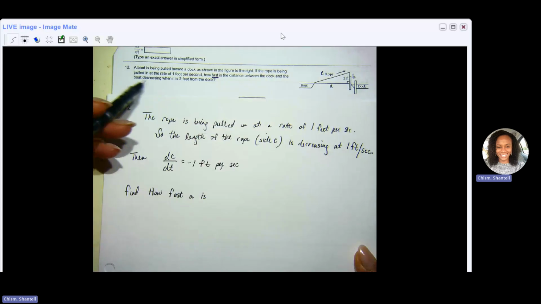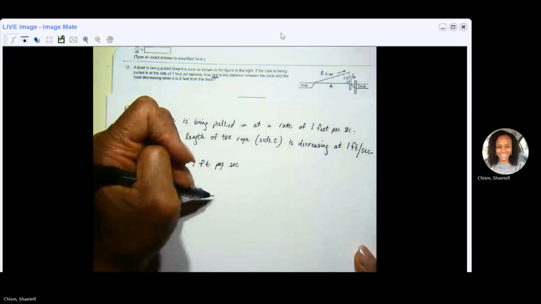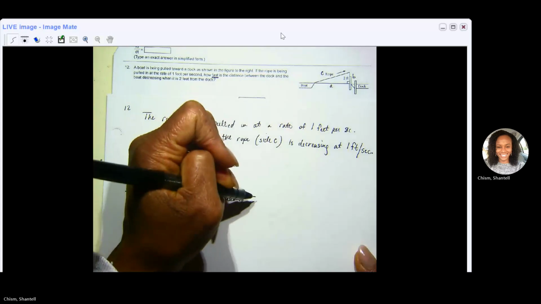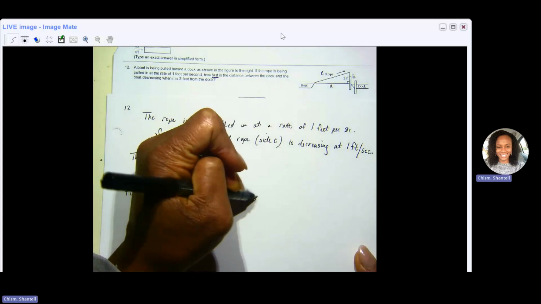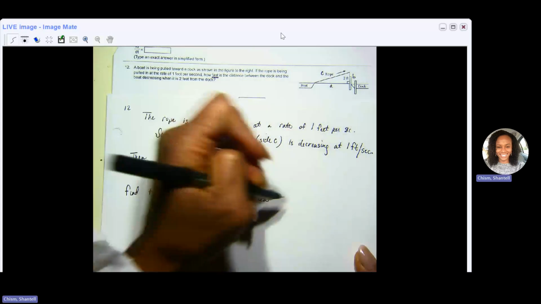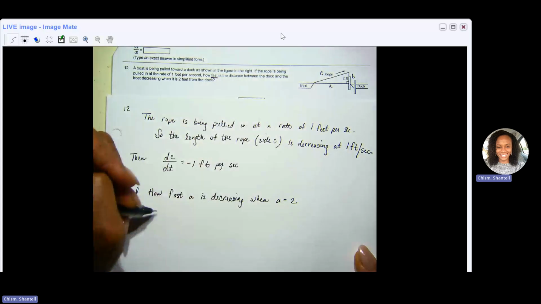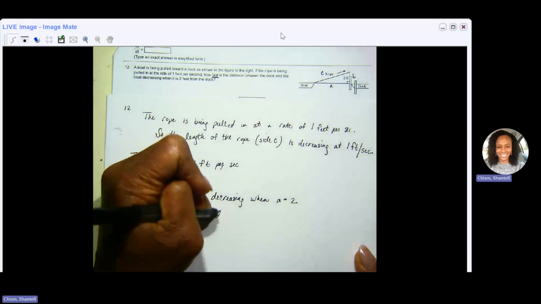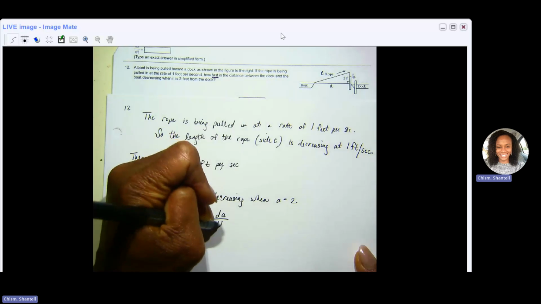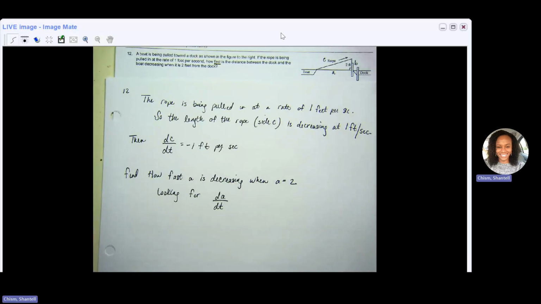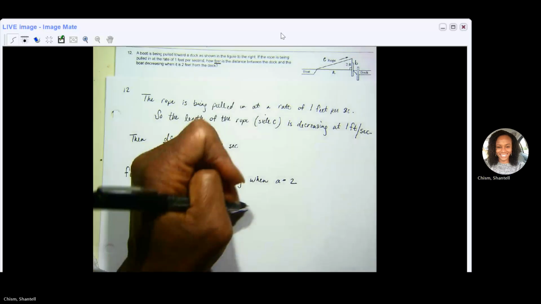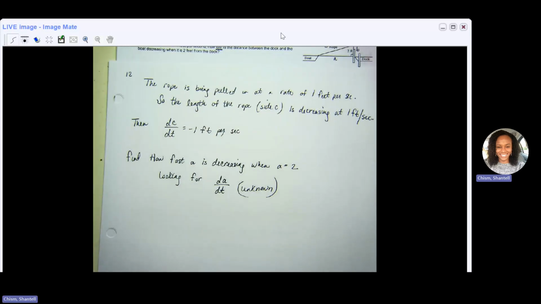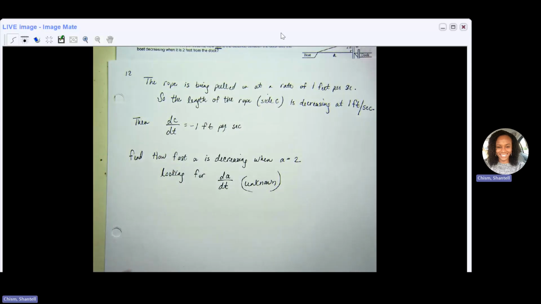In this case, we're specifically told decreasing, when A is equal to 2. So we're looking for the rate of change of A with respect to t. That's what we want to find. This is our unknown, dA over dt.